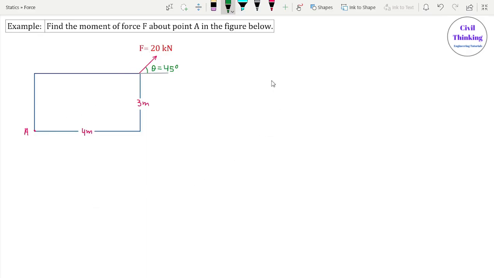Now as a basic rule, we know moment is equal to magnitude of force multiplied by perpendicular distance, right?